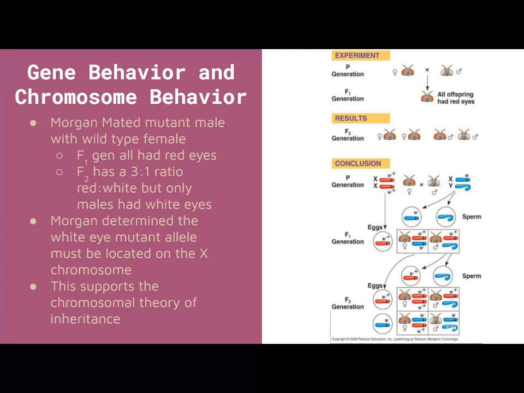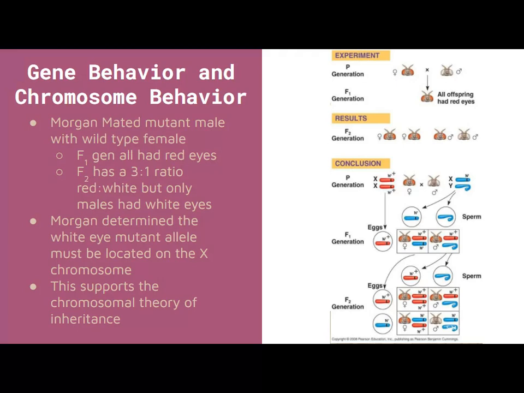I'll talk a lot more about sex-linked inheritance tomorrow, but from his experimentation, we can determine that this mutation is on the X chromosome, and it supports the chromosomal theory of inheritance. So if we've got our homozygous mother and our heterozygous father, we've got our cross here in our F1 generation, getting all heterozygotes.